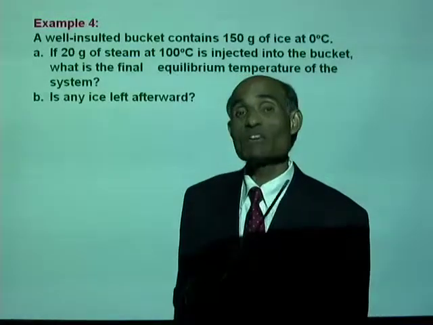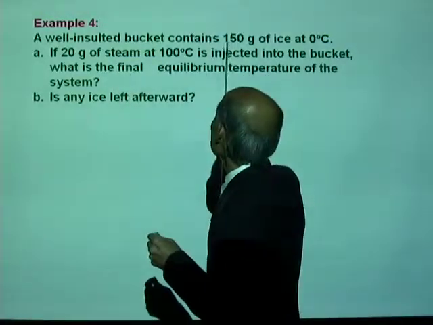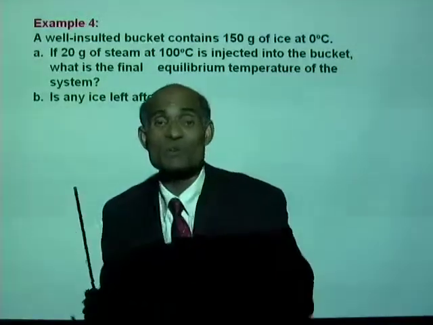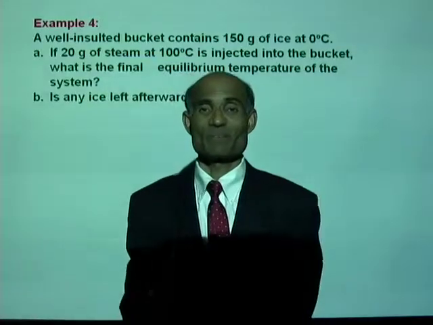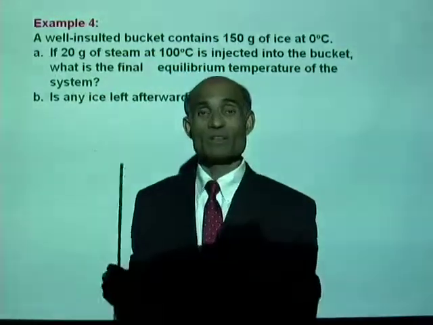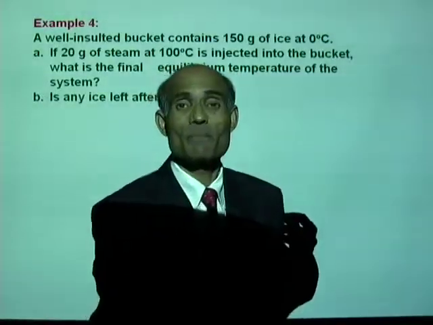Now, what is contained in the bucket? A well-insulated bucket contains 150 grams of ice at 0 degrees Celsius. So it is into this ice that you inject the steam. Now, can you tell me what are the processes that happen there?